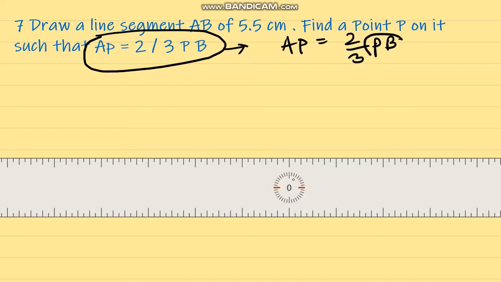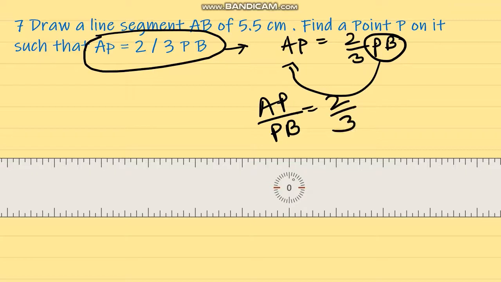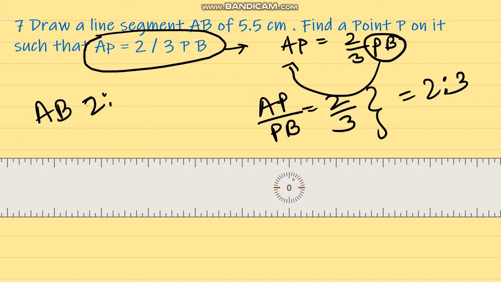Now this PB is in the numerator on the RHS, and if you bring it to the LHS, it will become AP by PB is equal to 2 by 3, and 2 by 3 is nothing but 2:3. That means you have to divide the line AB in the ratio 2:3. So this is what you have to understand from this question.